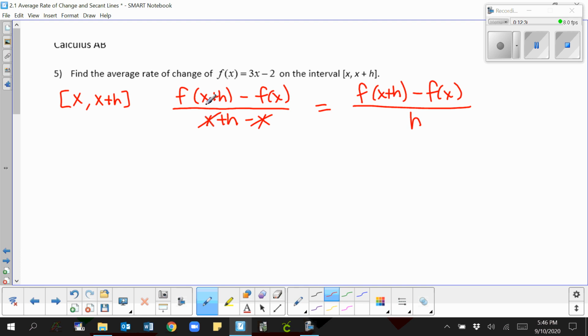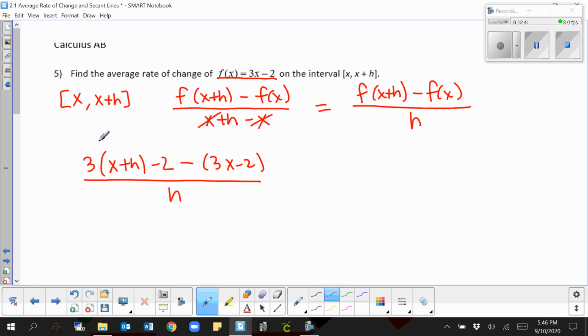But let's go ahead and use our f of x function and figure out what the average rate of change on that interval is going to be. So that means that I'm looking at 3 times x plus h minus 2 minus my 3x minus 2, and that's all over h. So I'm going to distribute my 3. So that gives me 3x plus 3h minus 2.